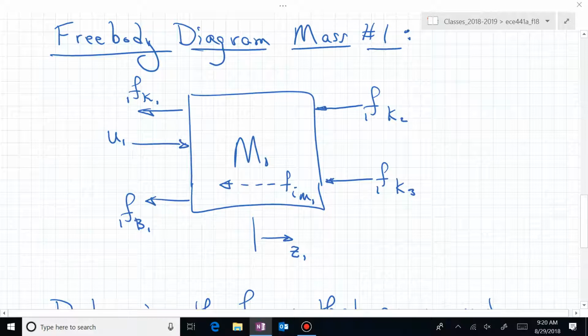The question was, why are we not considering a gamma U sub 1 anymore? That gamma is actually a conversion factor in the lab, and so I tried to put it on our generic mass spring damper system because it will be a part of your dynamic equations in the lab. Here, I'm not even worrying about having a conversion factor. I'm just going to say U1 is the force.